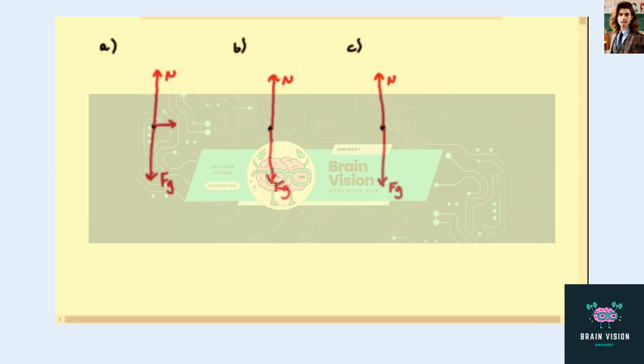There's a further force of friction, which acts to the right in A and to the left in B, and also acts in C, acting to the left. But C also has the force of air resistance, acting to the right.